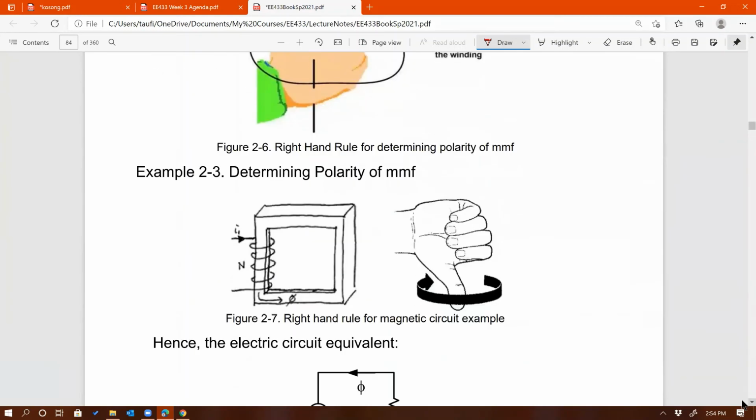An example here would be, look at this winding right there. Look at how the winding is being wound around this core.